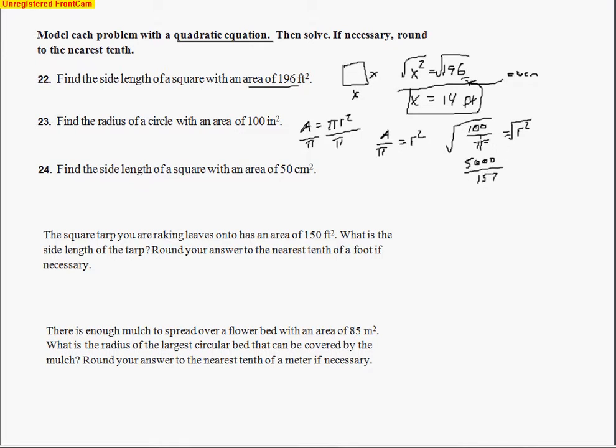Now I just used 3.14 for pi, rather than using the pi button, but it's going to be about the same answer anyhow. So I still need to take the square root, so I'm going to take the square root of that entire number. Again, don't round that number. Keep that whole number in there, and then take the square root of that. And so I'll take the square root of that number, and so let me write it in there real quick.